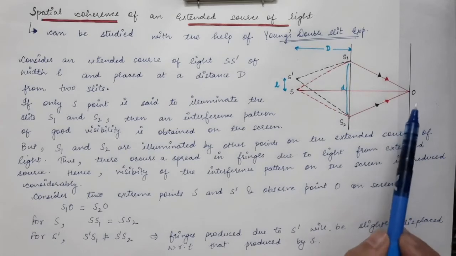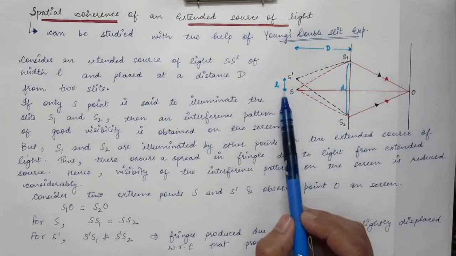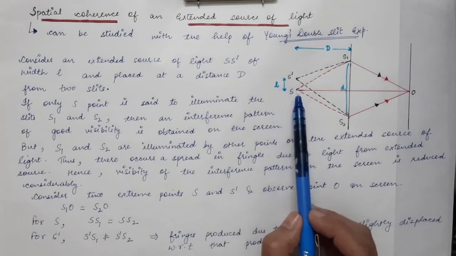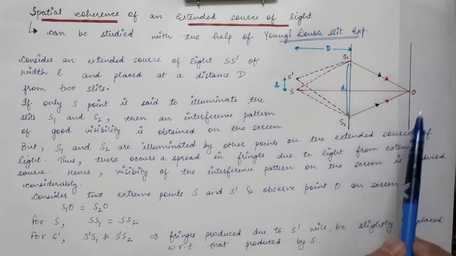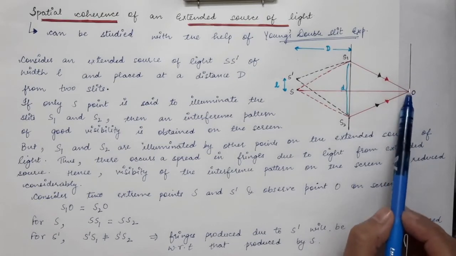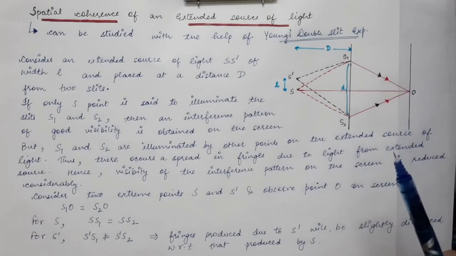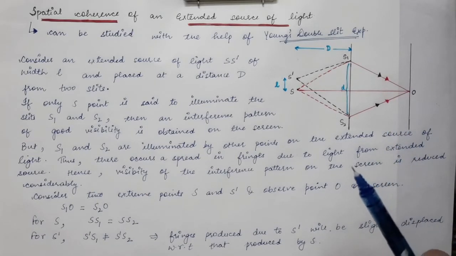But we will consider a length between S and S' when the interference pattern will completely vanish, and it will vanish when the bright fringe of one overlaps with the dark fringe of the other, and vice versa.